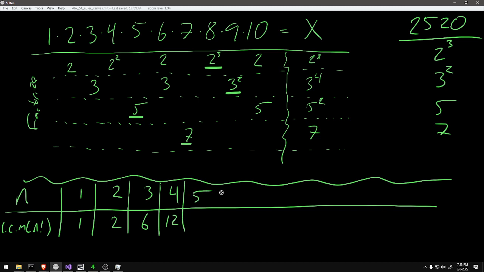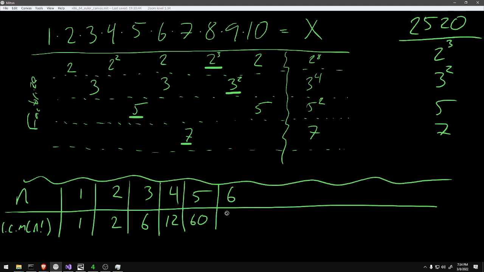5. So I have a new prime now, so it's just going to be this times that. So 60, right? So that's divisible by 4 and 5 and 3 all at the same time. Put in a 6.